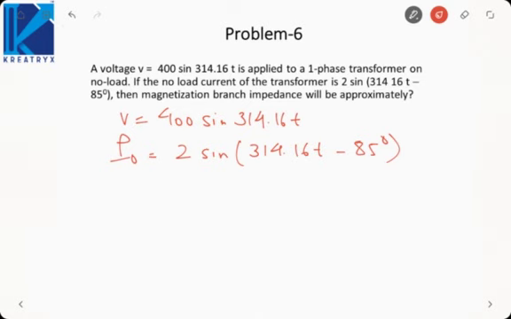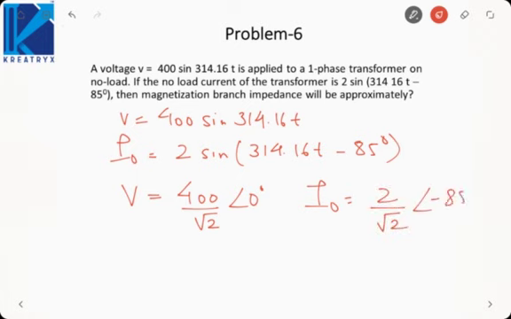Now if we represent them in terms of phasor, V will be 400 by root 2 angle 0, and I naught will be 2 by root 2 angle minus 85 degree. Now the connection of the shunt branch is like this.